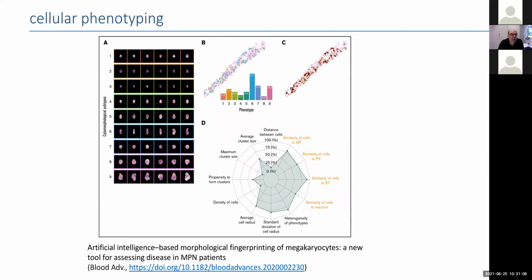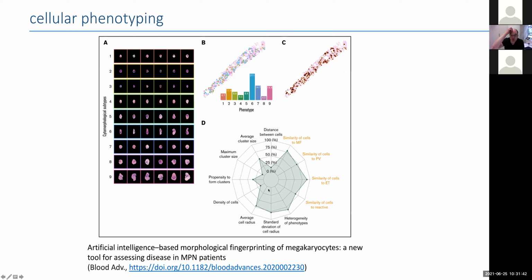What we can now do is use these 9 identified clusters, and now we have a data-driven approach to these phenotypes, where before we had 6 phenotypes that were loosely defined. We can take a slide and characterize each of the megakaryocytes as belonging to one of those 9 phenotypes.